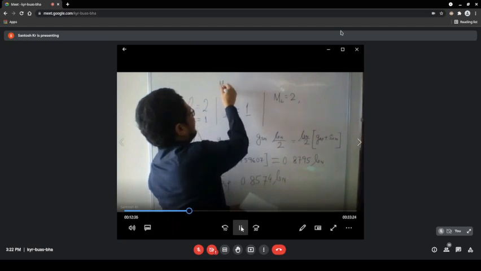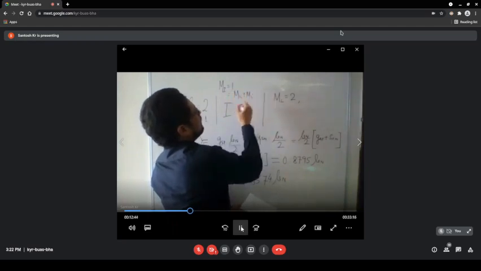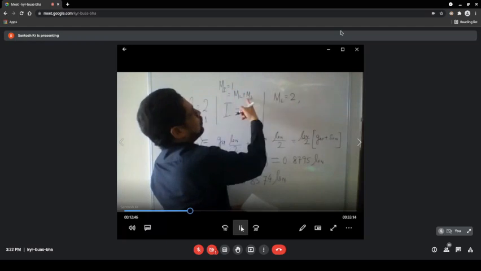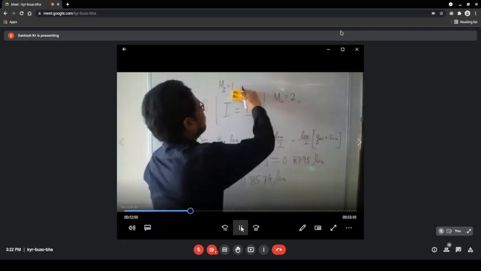That means mI should be equal to 1, and mI should be ml plus ms. If ml is equal to 2, ms should be minus 1.